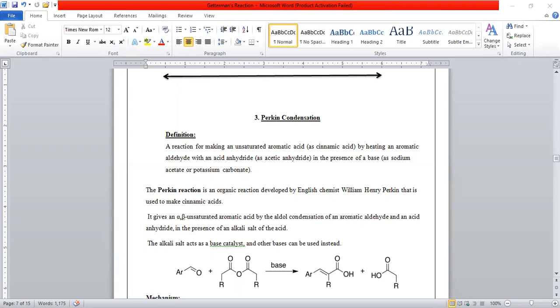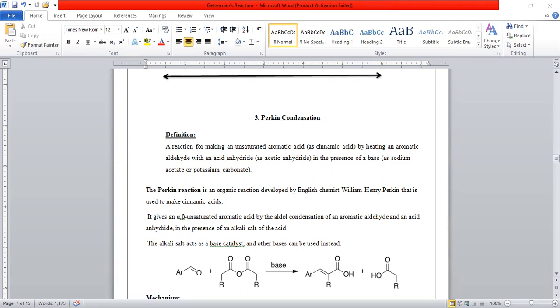Now moving towards the Perkin reaction. It is an organic reaction developed by the English chemist William Henry Perkin that is used to make cinnamic acid. It gives an alpha beta unsaturated aromatic acid by the aldol condensation of an aromatic aldehyde and an acid anhydride in the presence of an alkali salt of the acid.